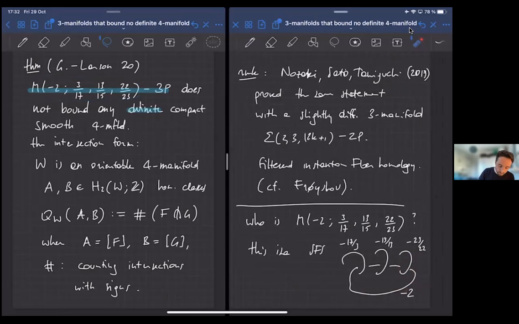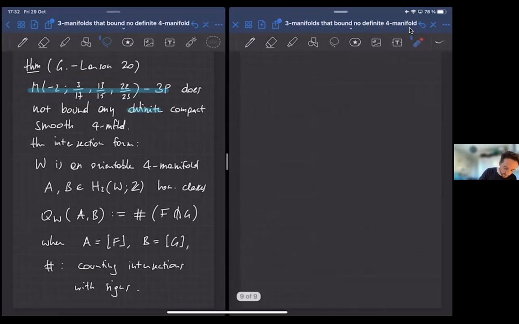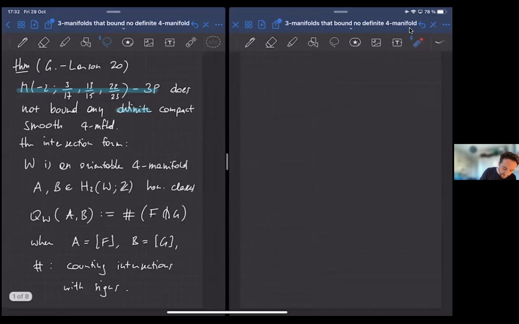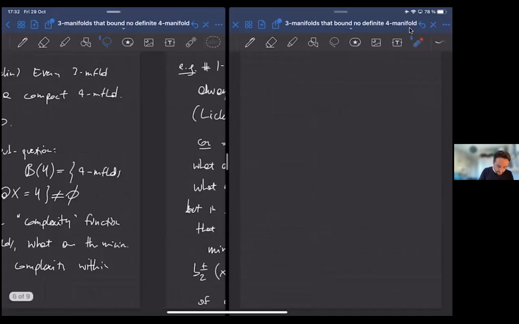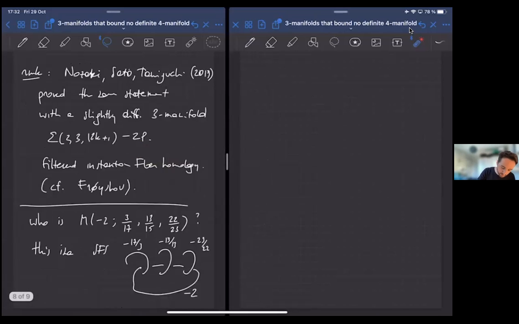If you're more complex geometry oriented, what happens is that M, this person, is the boundary, or the link, no, the boundary, it's fine, of a complex surface singularity.